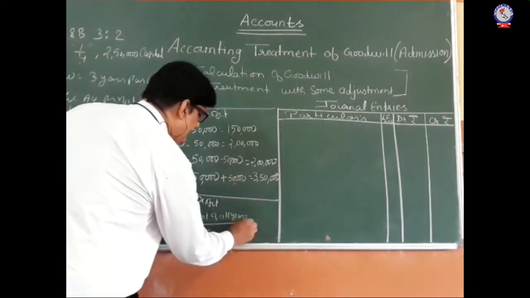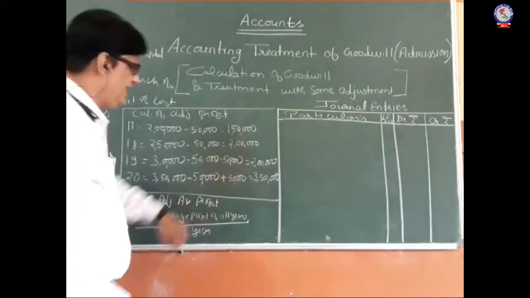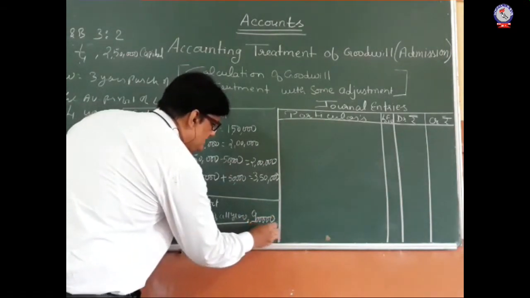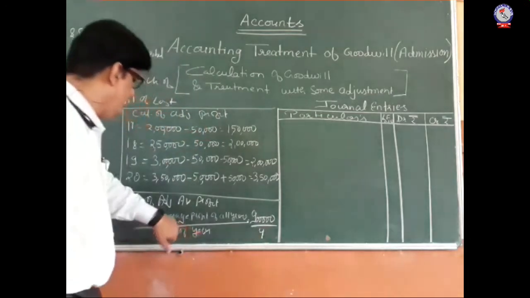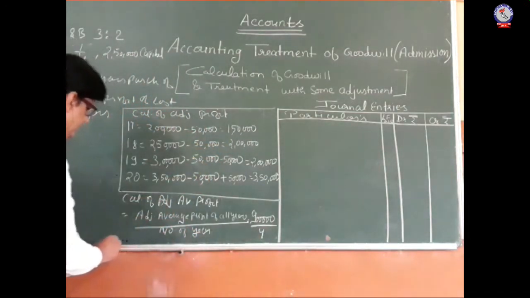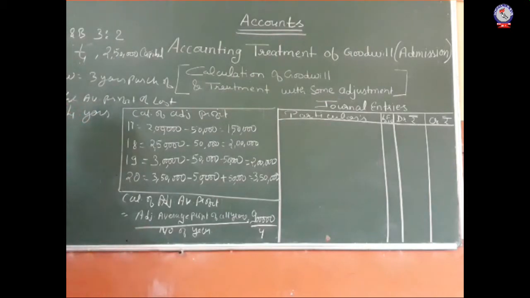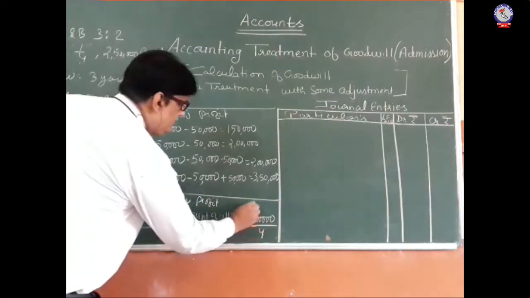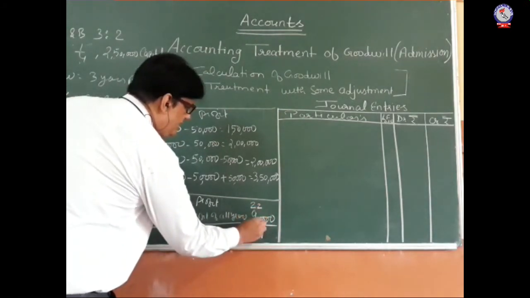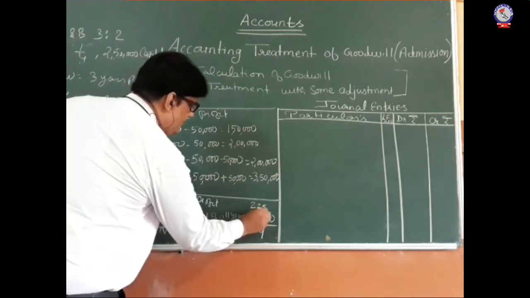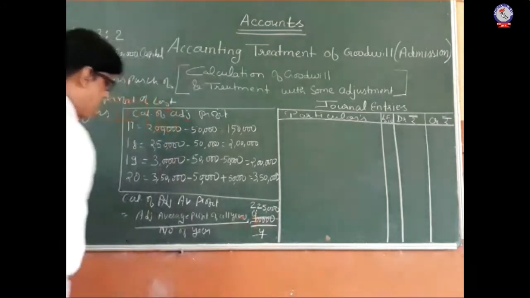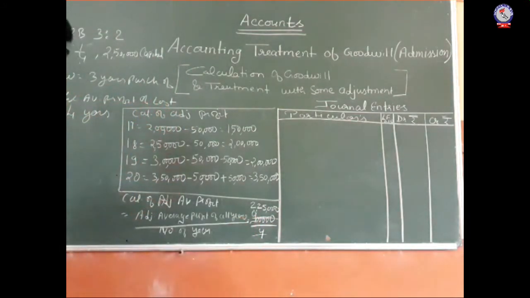So this will be the total, that is 9 lakh rupees divided by 4, number of years total 4. So the adjusted average profit will become 2,25,000 rupees. That is the adjusted average profit.